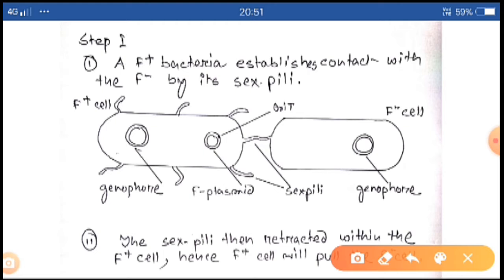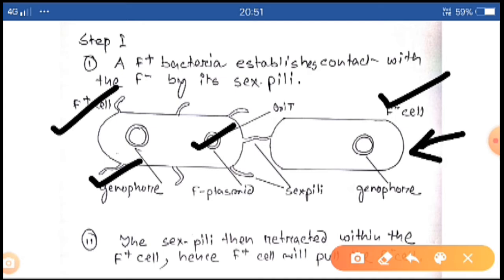One is F plus, because of the presence of this particular plasmid, and the other is F minus, because there is no F plasmid. Due to the F plasmid, the bacterium on the left, the F plus, has a few sex pili on its surface, but the other has none.